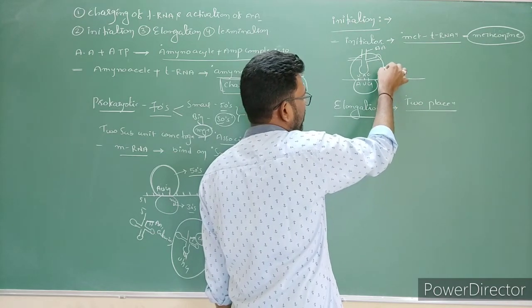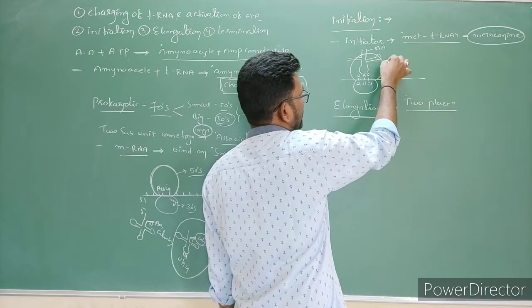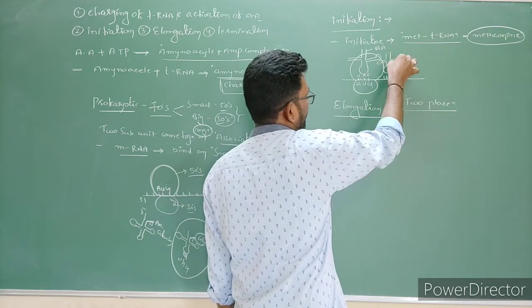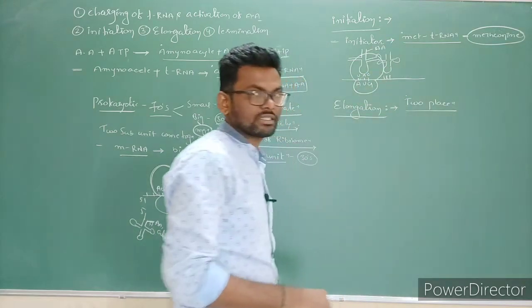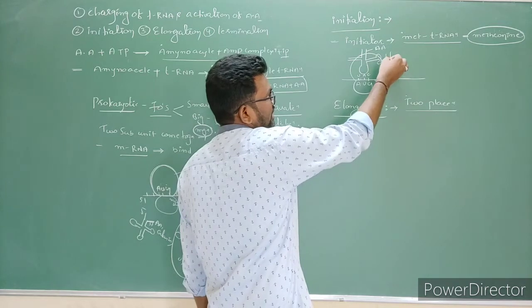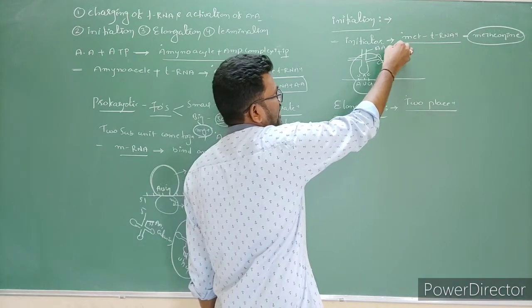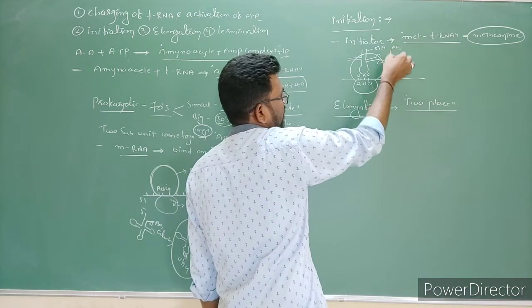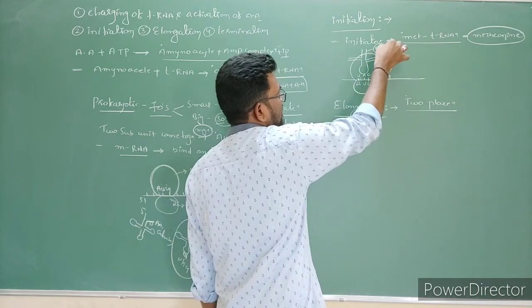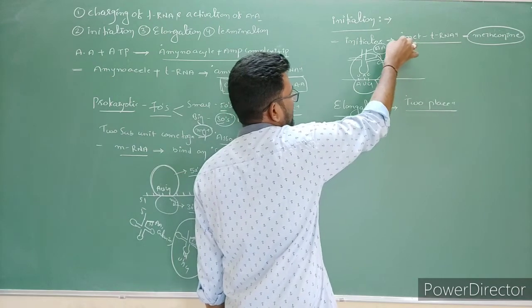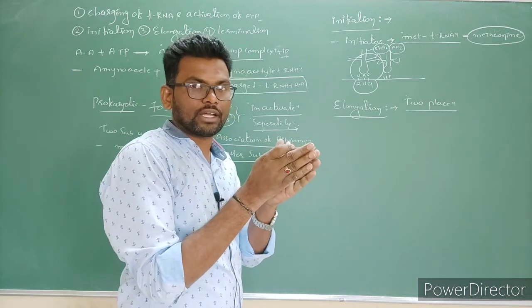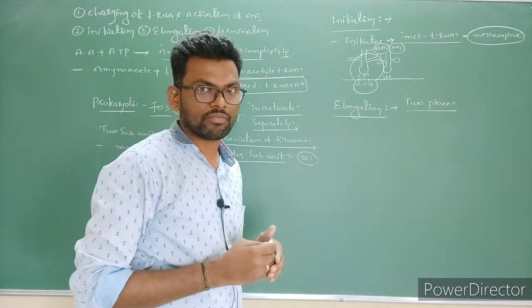Further, again one more amino acid came. Now this tRNA is containing one amino acid. This tRNA is containing another amino acid. Now these two amino acids are joined to form a peptide bond, right?